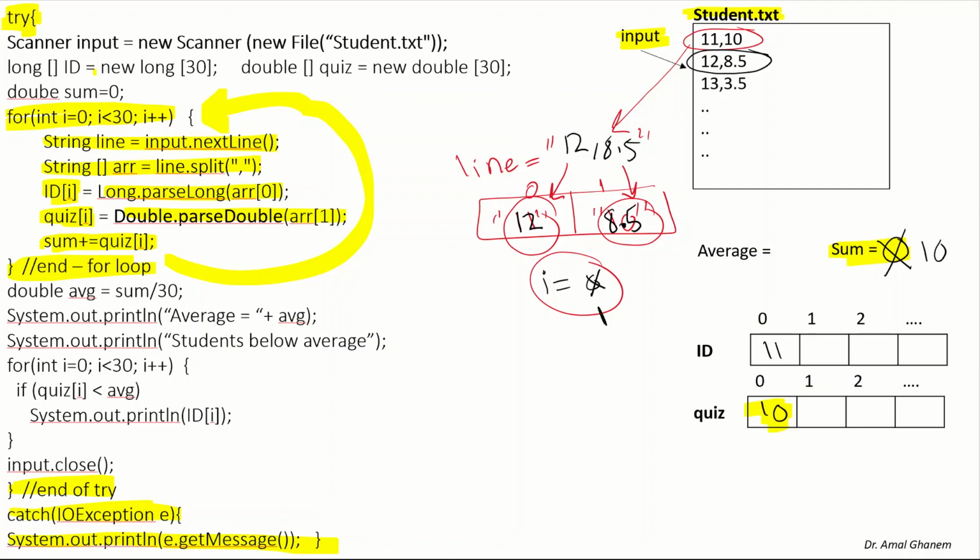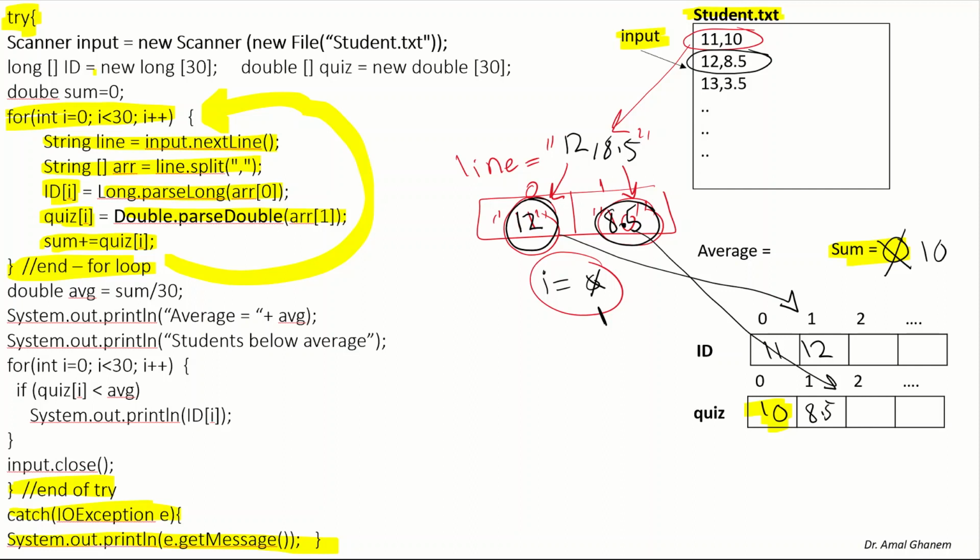So I have to convert the 12 to a long value and save it in location 1. So in location 1 I will have 12. Similarly, I will convert 8.5 into a double value and save it at location 1, because this is i. So here we will have 8.5.